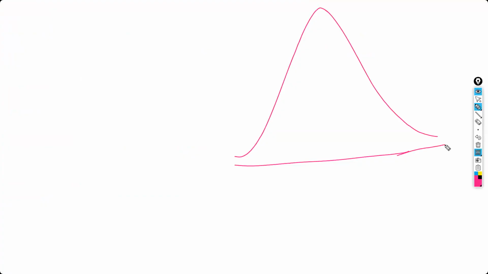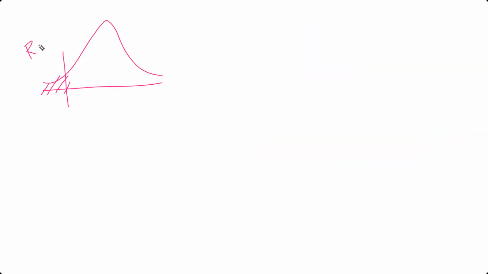In the left tail rejection, we reject the null hypothesis like this. This is the rejection of the null hypothesis, where this percentage is 5%, and acceptance of the null hypothesis is 95%. This is left tail rejection.